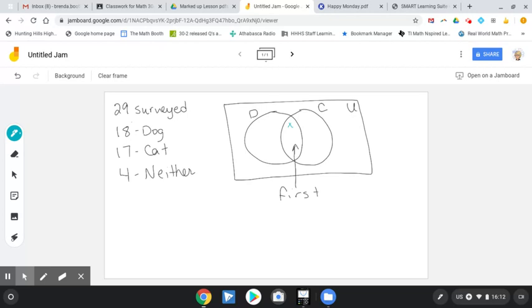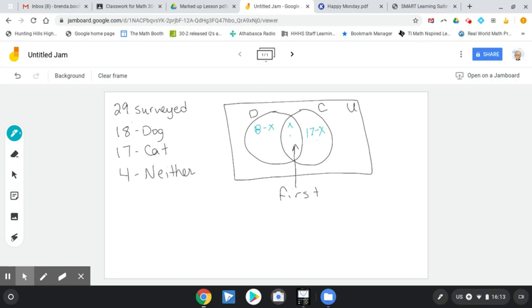If X is the number of people in the middle and the whole dog circle has to add up to 18, then to figure out the number out here, I would take 18, subtract the X people that are in that circle already. Same thing for cats. The cat circle, which means this section and this section, has to add up to 17. So 17 subtract X is how I'll figure out this portion.